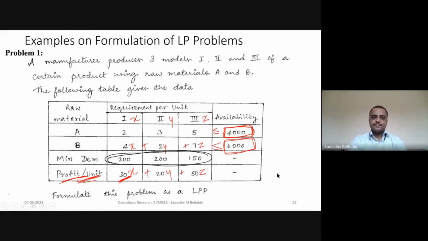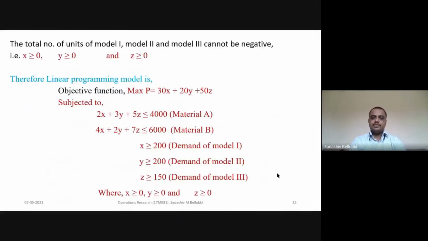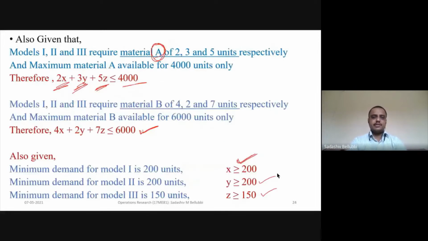That's why we need to take these minimum demands as x should be greater than or equal to 200, y should be greater than or equal to 200, and z should be greater than or equal to 150.